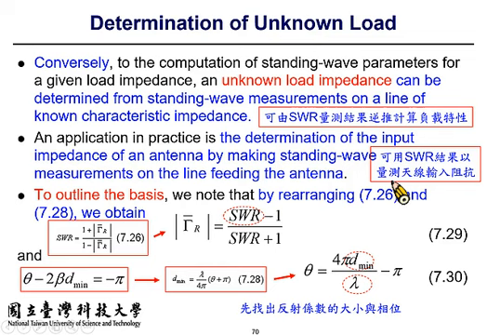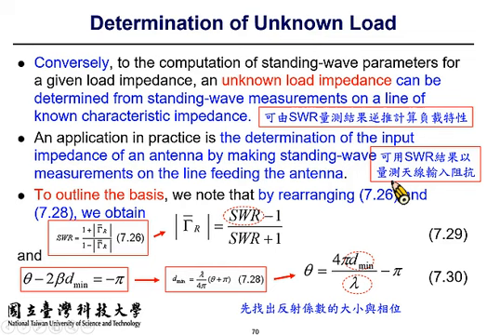Usually, we don't know the exact value of the termination. However, we can perform a standing wave measurement and find out the value of the load impedance using the results, such as the standing wave ratio, the distance of the first voltage minimum, and the wavelength.